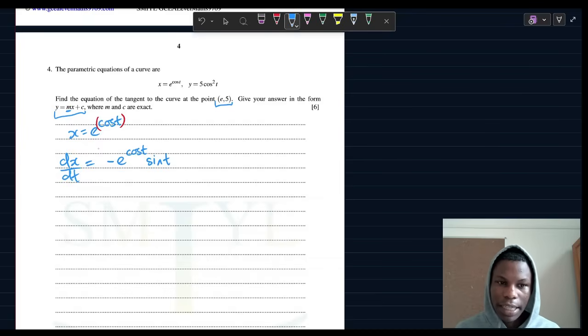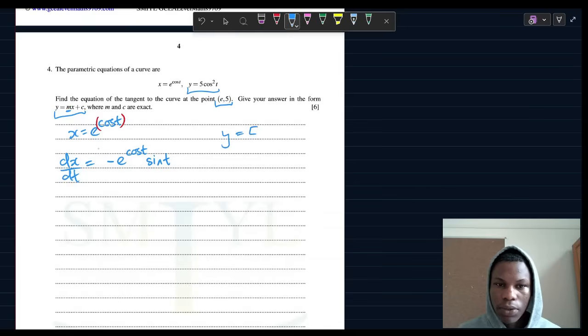So differentiate the outer function, that's the e, you just get another e with the same power. And then differentiate the inner function, that's cosine of t, you get negative sine t, multiply by that. That's your dx dt.